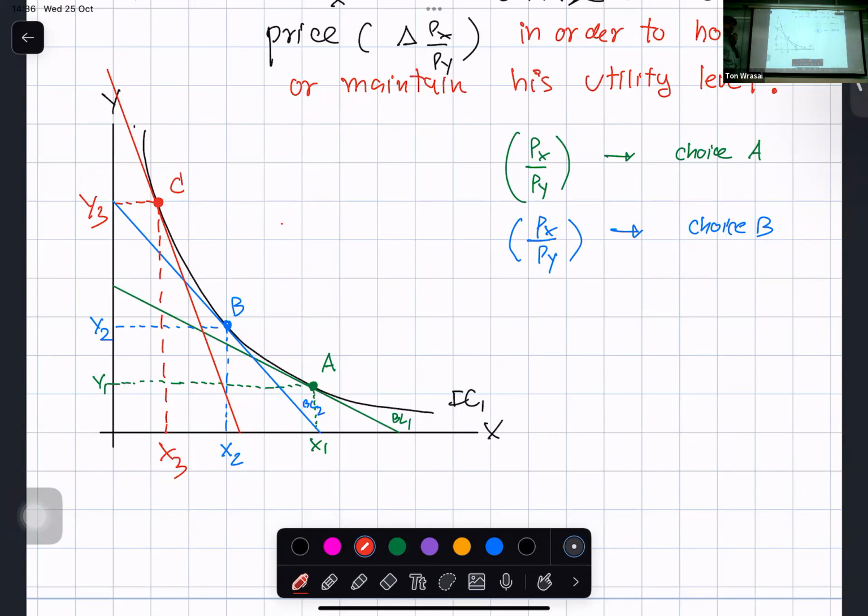Link with the red budget line. He selects C. Price ratio corresponds with choice C. The red one, let's name BL3, budget line 3.